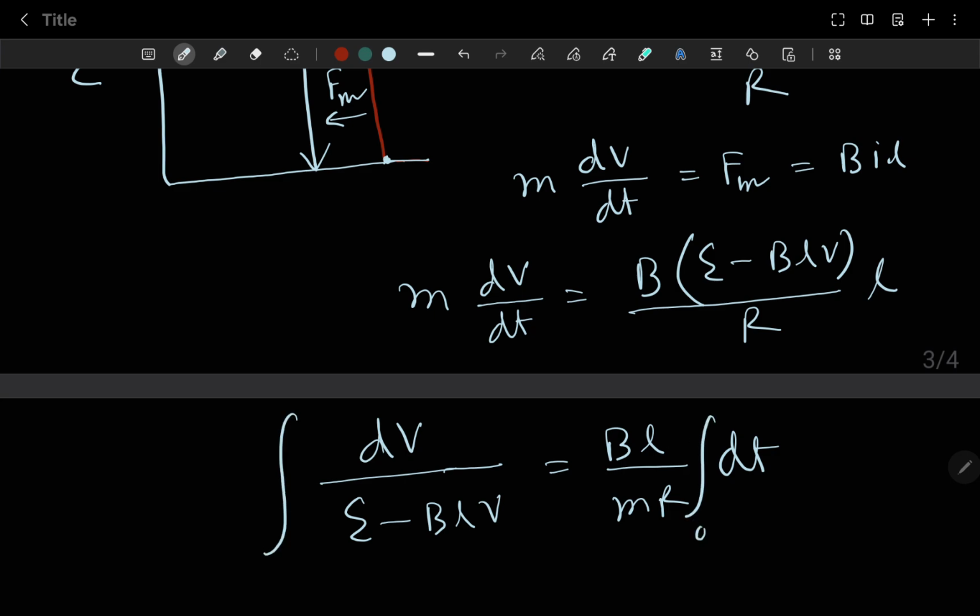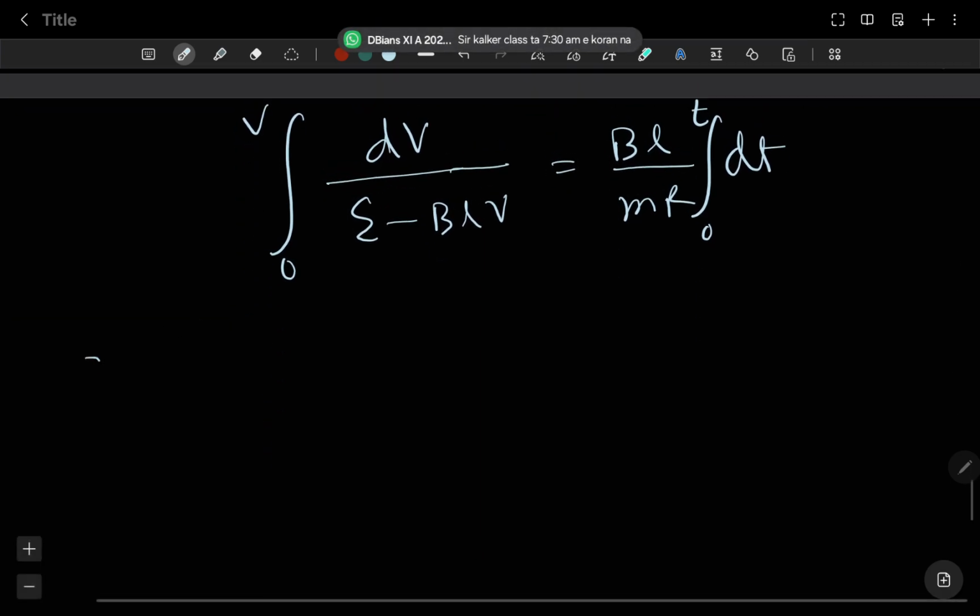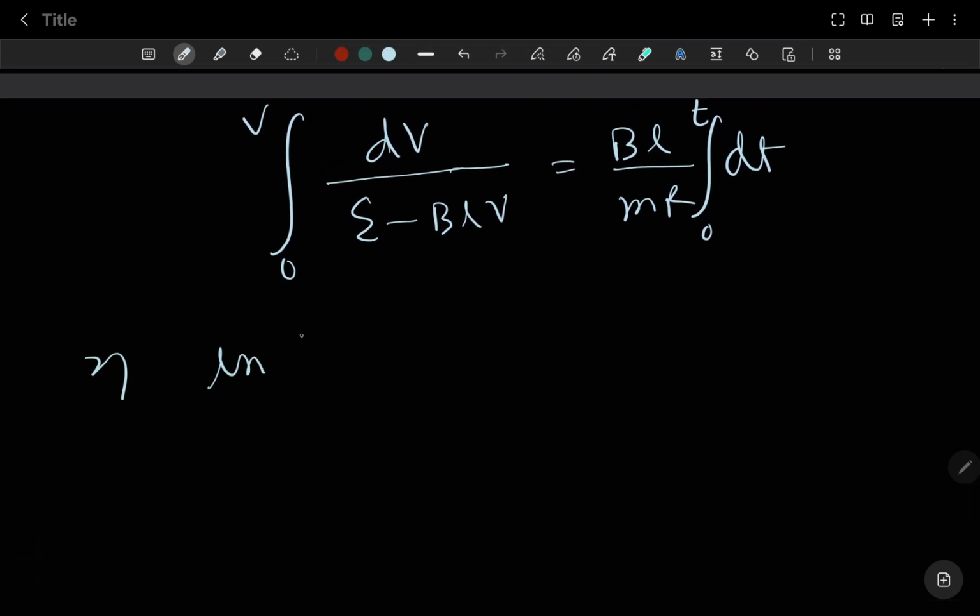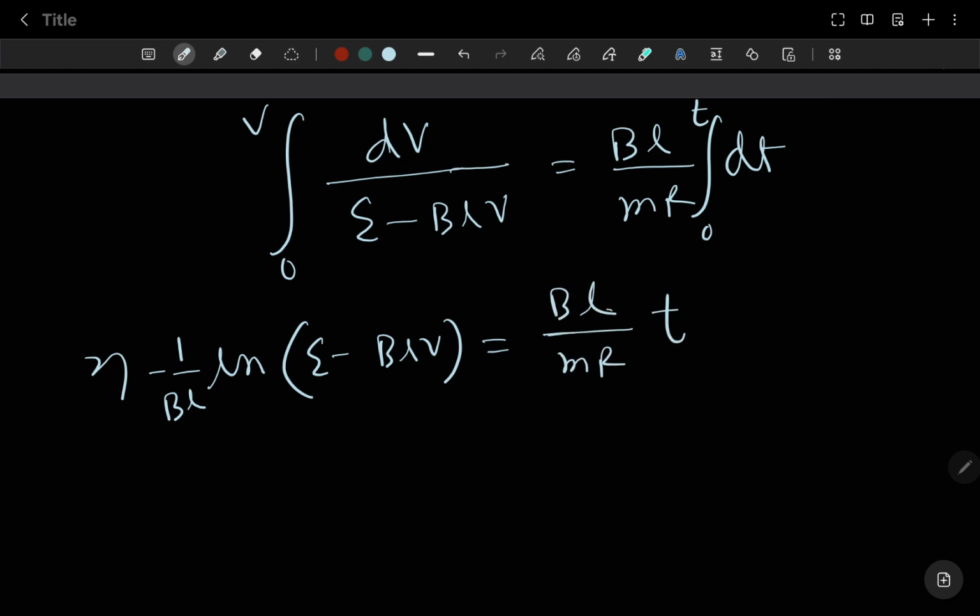Now integrate both sides, 0 to t, 0 to v. So what you will get here is ln epsilon minus BLV, you will get minus 1 by BL, okay, and it will be BL by MR into T. So it will be this 0 to V. So upper limit ln epsilon minus BLV minus lower limit, put 0 in place of V, you will get ln epsilon only.